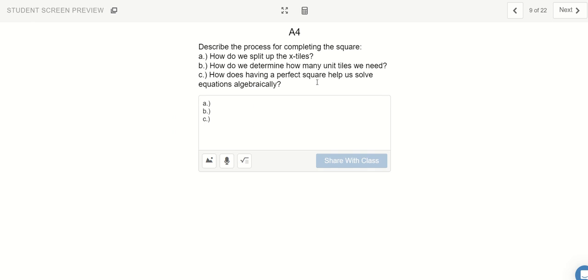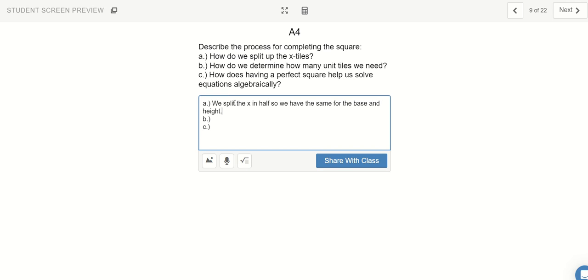Okay, so what's the process for completing the square? So we split the x in half. So we have the same for the base and height. All right, how many x tiles do we need? Again, we look at the half of the x box and see how many tiles we need.